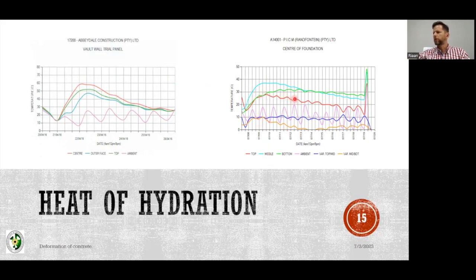So the surface of the concrete sort of follows this 25 to almost 35 concrete temperature range, and then you see the ambient temperatures. There were a few temperatures here, and this was in July.